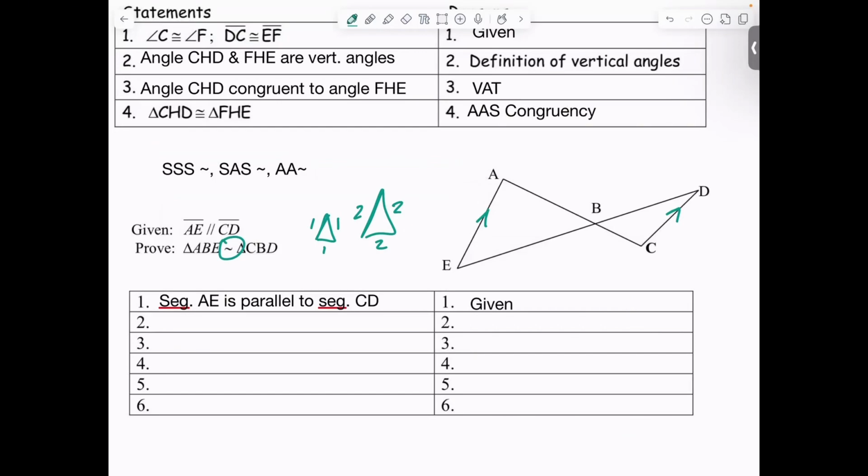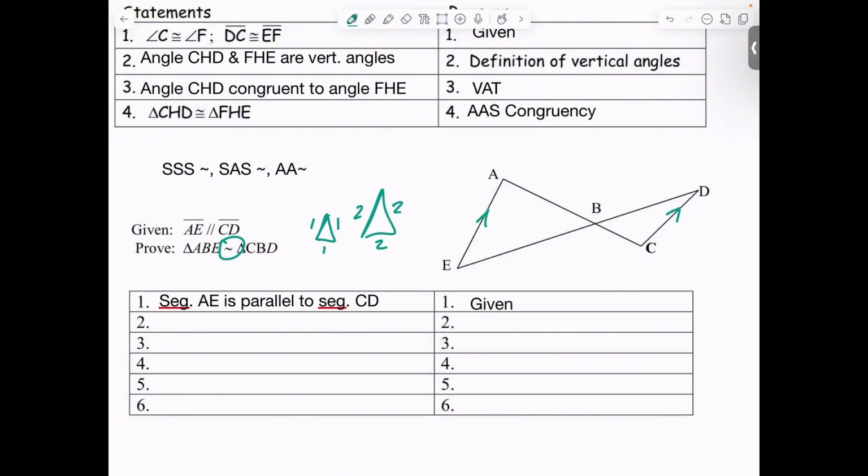And SAS, the only thing you have to do there is insert an angle. So the 2 sides would have to be in proportion to each other, and then the included angle would have to be congruent. And then last but not least, we have the AA similarity theorem, and that simply states, okay, if we have 2 angles in 2 triangles that are congruent to each other, we can say they're similar to each other.